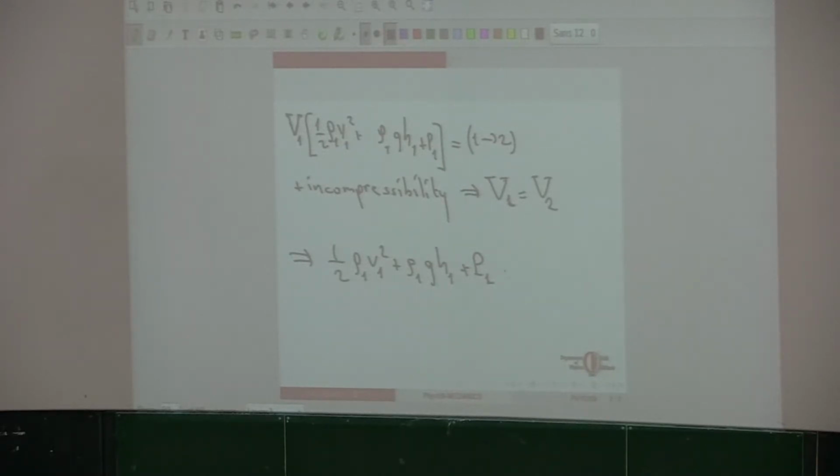This is constant as my fluid flows. Whatever the value is at point 1, it has the same value at point 2.